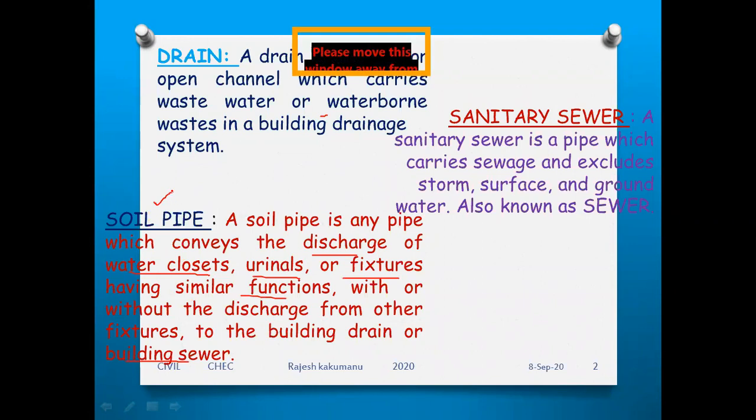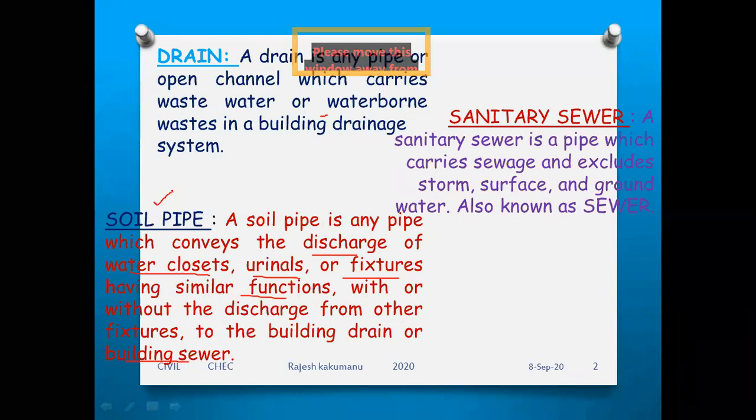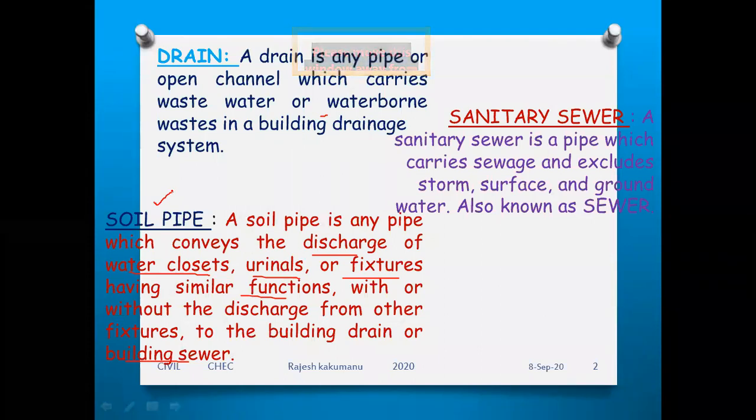The pipe which carries the human excreta, human urine and passes it into the septic tank is nothing but a soil pipe. So simply we are calling them a soil pipe, right?